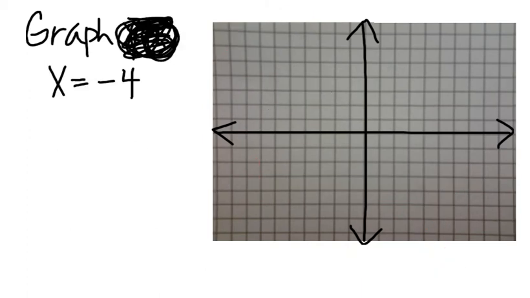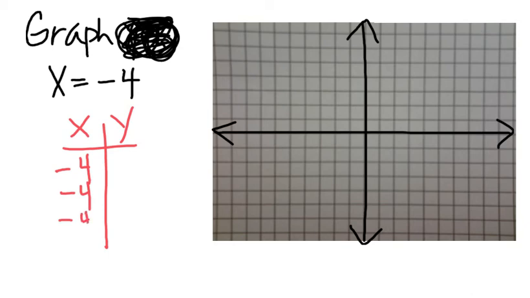Now, we just saw what happened when we graphed y equals something. So what do you think is going to happen when we have to graph x equals something? Well, let's see. When it says x equals something, that means all of the x's have to be -4, because this says x equals -4.